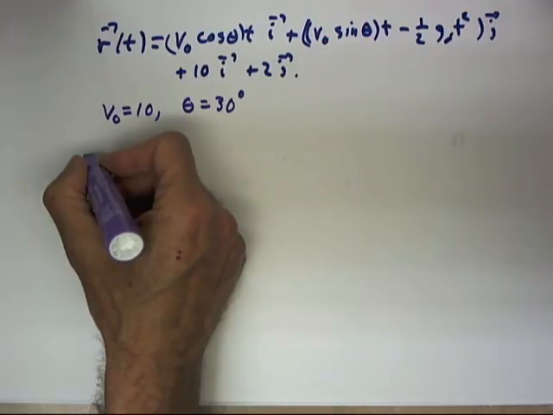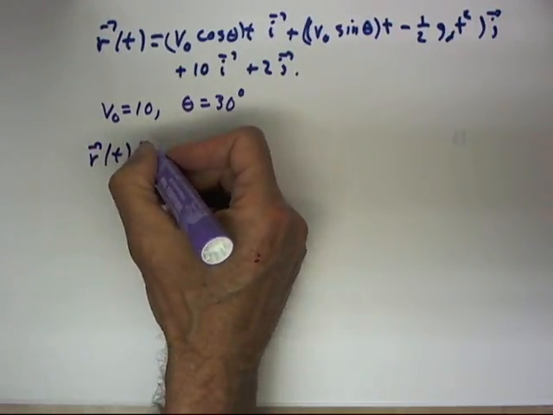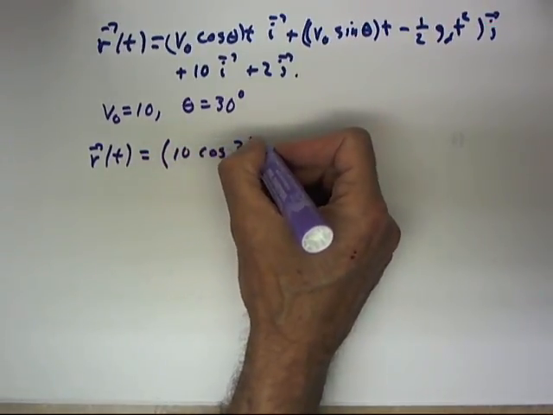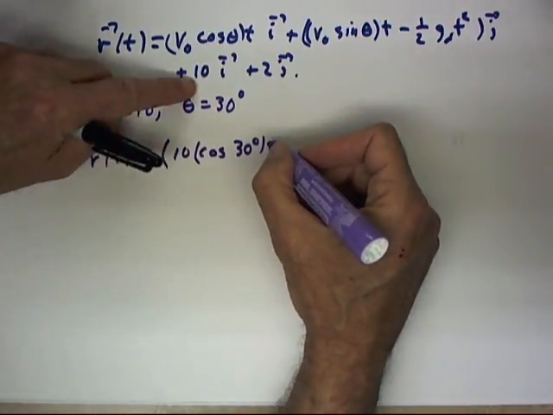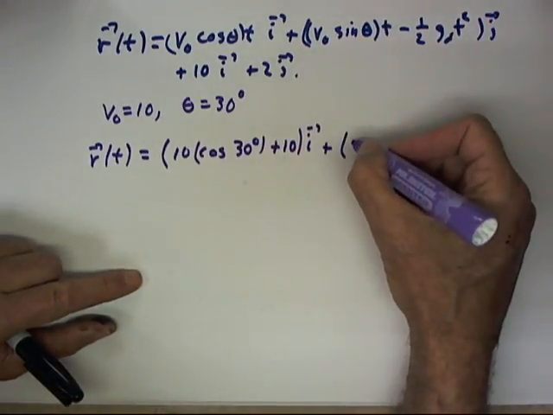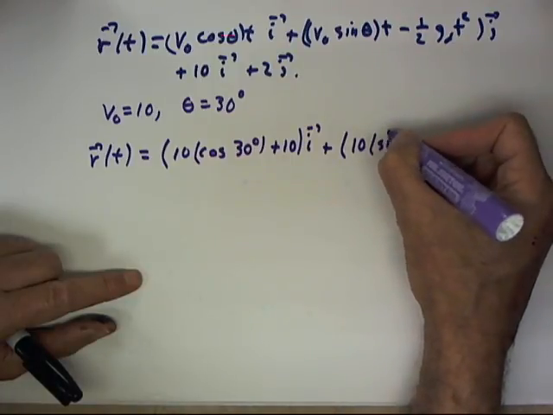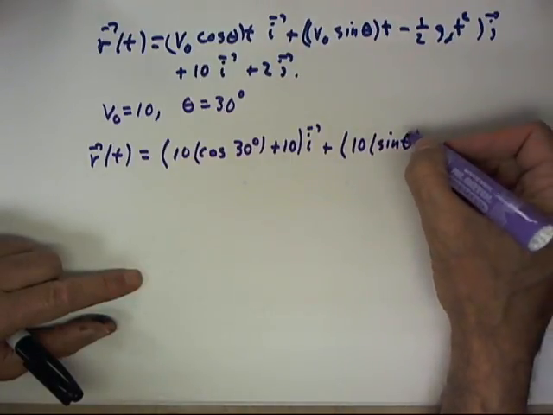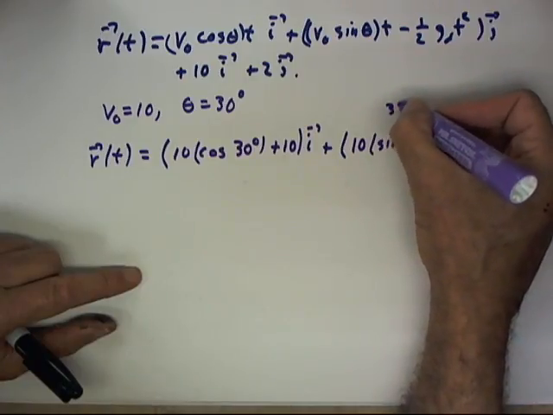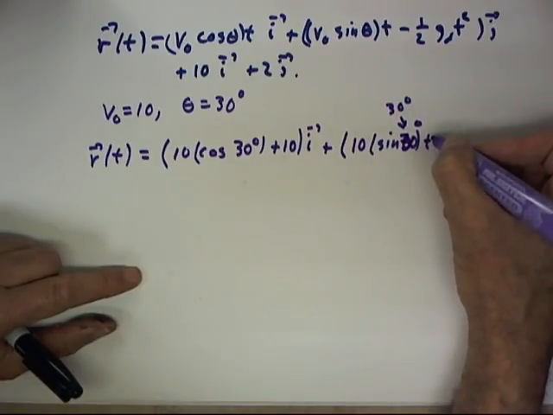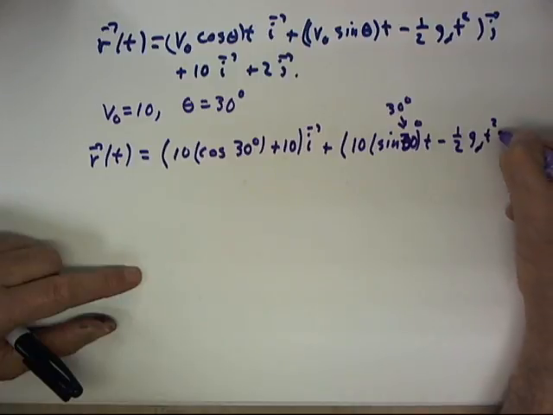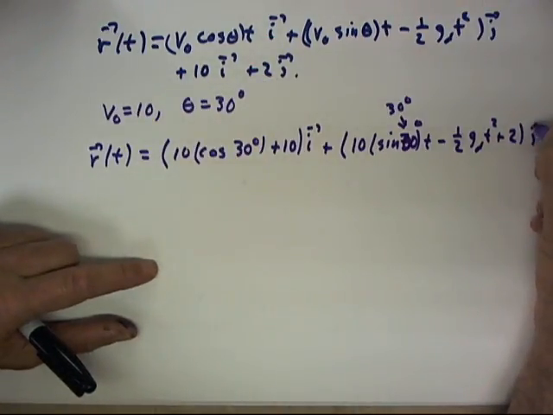So that our r of t function would be 10 cosine of 30 degrees, and I'm going to put my 10 back in here, plus 10 i plus 10 sine of 30 degrees times t minus 1/2 g sub d t squared plus 2 times j.